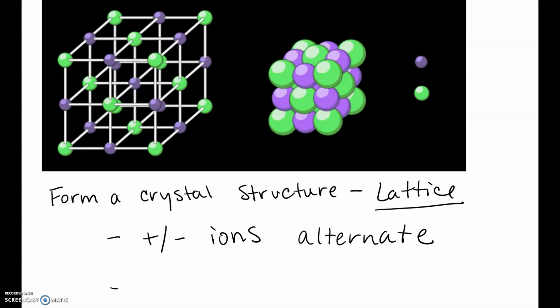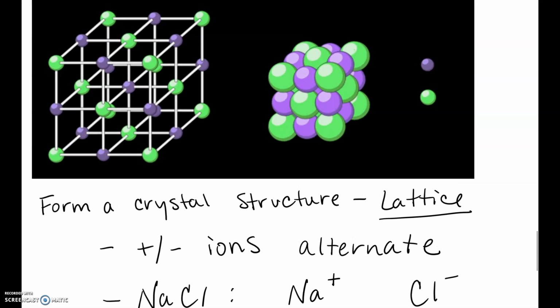So in the case of sodium chloride, let's say NaCl, we have a sodium ion, which is positively charged, and a chlorine ion, which is negatively charged, and they come together to form NaCl. They form this lattice-like structure where a positively charged sodium ion attracts a negatively charged chloride ion, which attracts another positively charged sodium ion, so on and so forth.